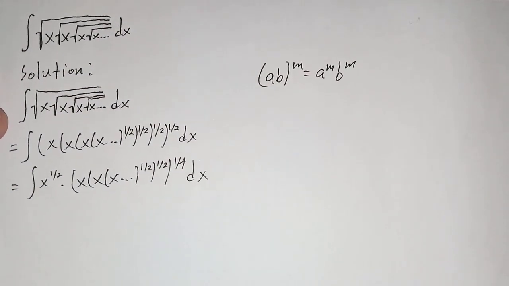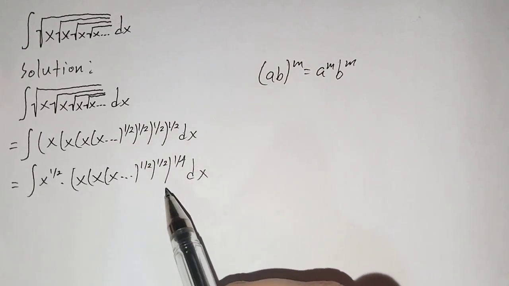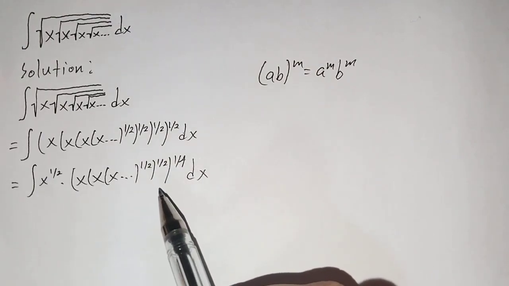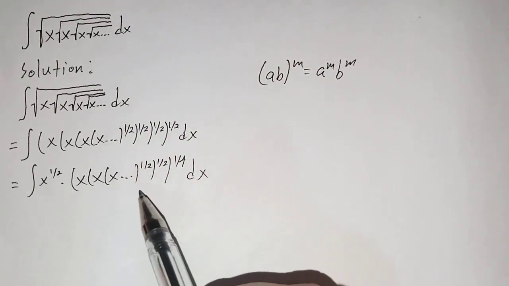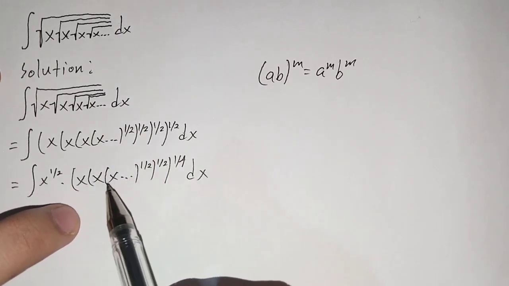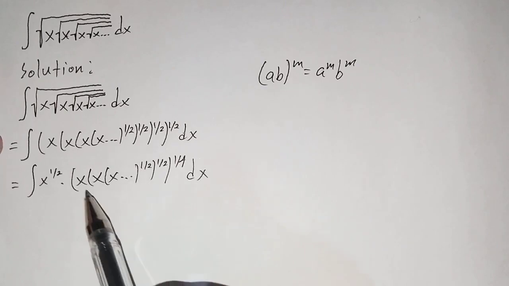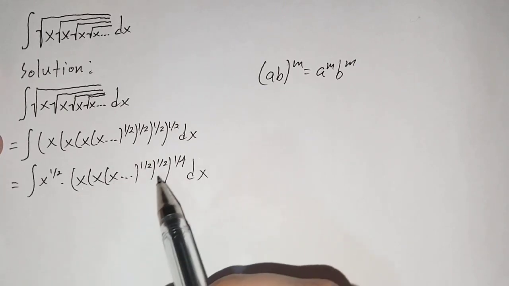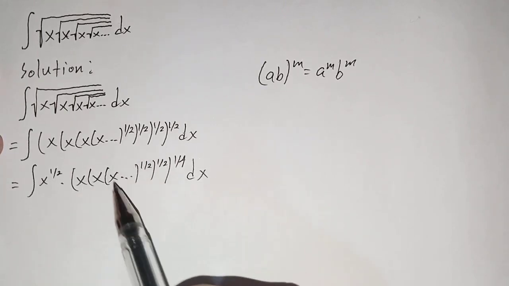And then, as you can see, we can also apply the same rule in this case, in which within this fourth root, we have two terms being multiplied. The first term being x, and the second term being this infinitely many products.